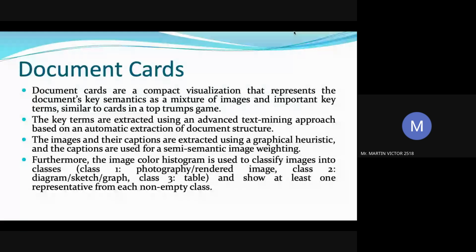But in detail, if I speak about these document cards, it is used to organize our collection of documents. It is used to display the summarized information. And then we can extract the topics or the root topics given in the particular document.